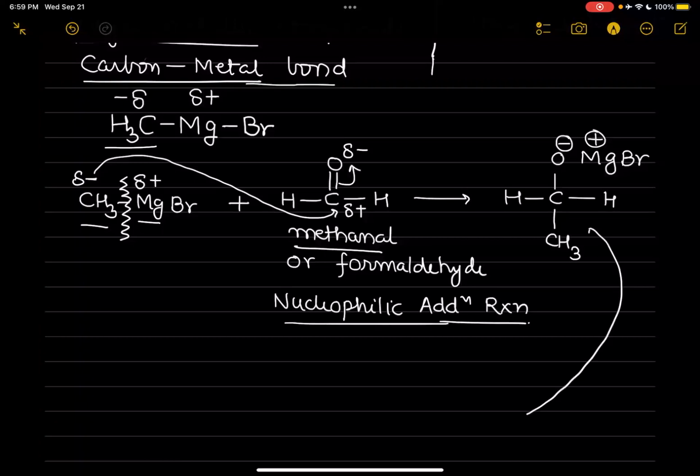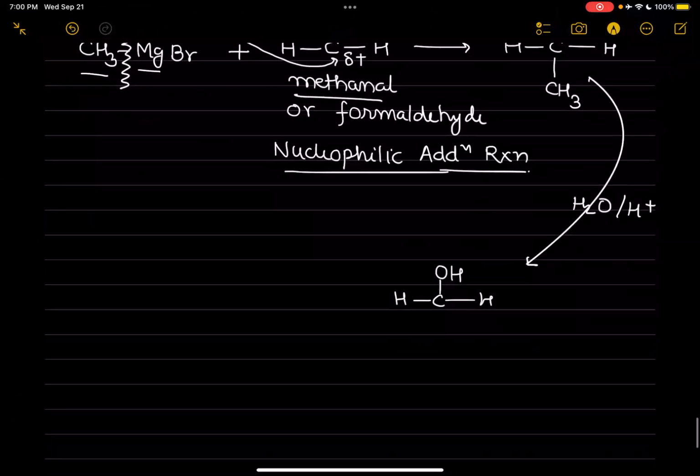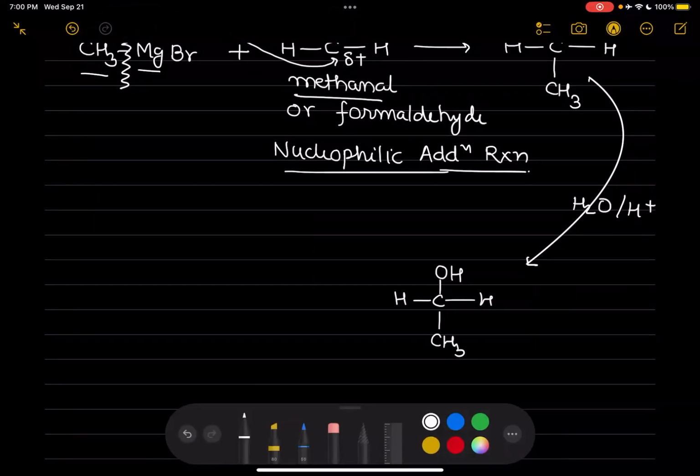And the next step is putting water and some H plus. So that H plus is going to get attached to that O minus. So you will have OH. Is it clear? So look what we have done.